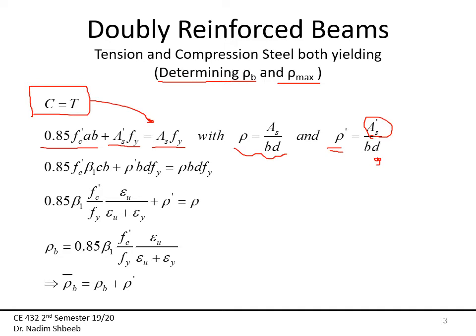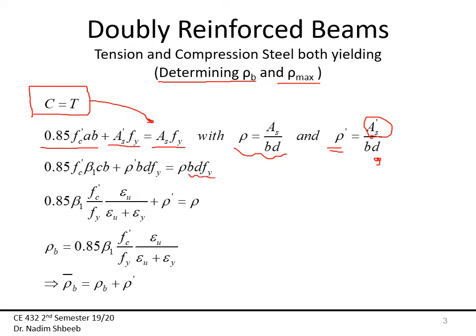So now replacing the A prime S and AS with rho BD and rho prime BD, then this is going to be 0.85 F prime C beta 1 C times B plus rho prime BD Fy, and that's going to be equal to rho BD Fy.